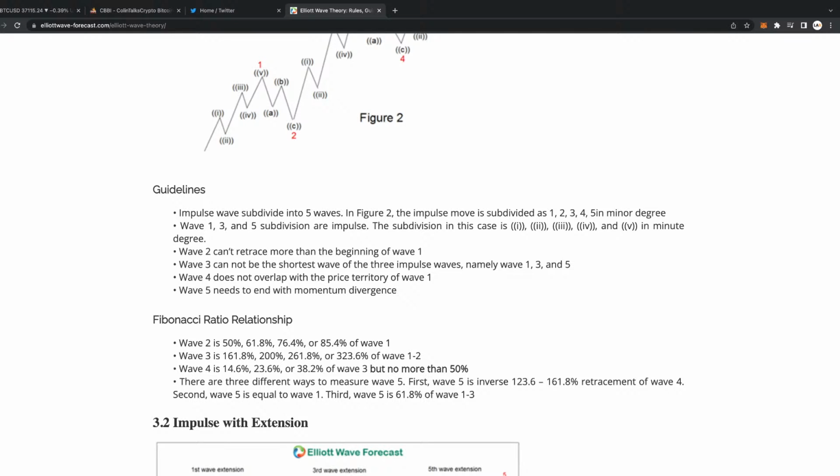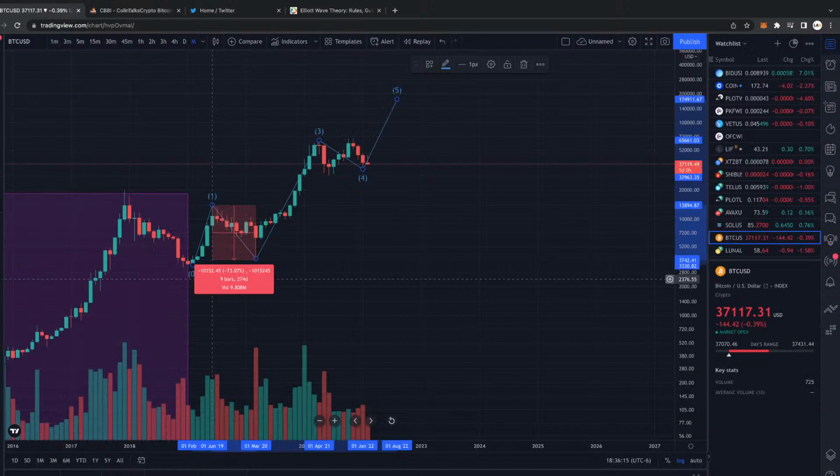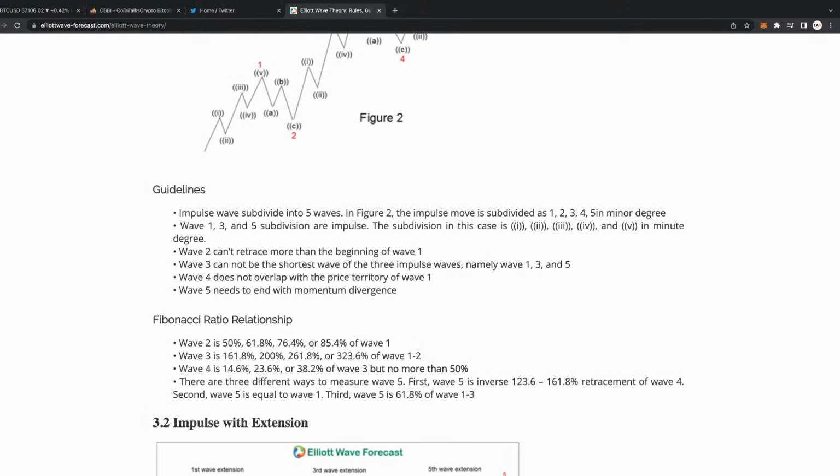Okay, well, so far, wave 1 is not bigger than wave 3, and we don't have wave 5 yet, so we can assume that wave 3, for the time being, is also valid. So wave 4 does not overlap with the price territory of wave 1, okay? Let's check that.